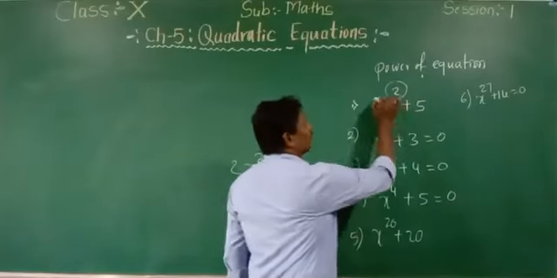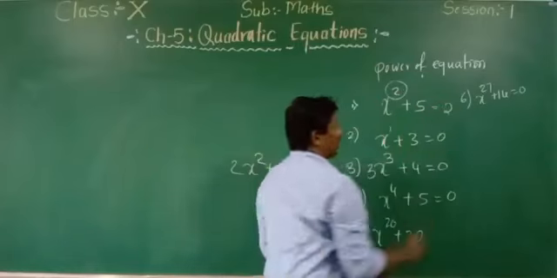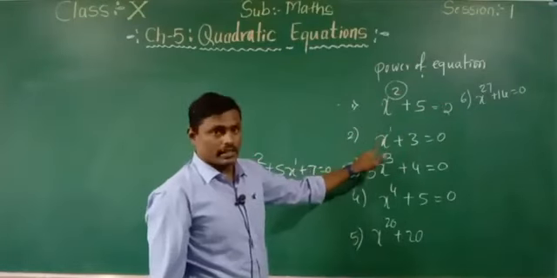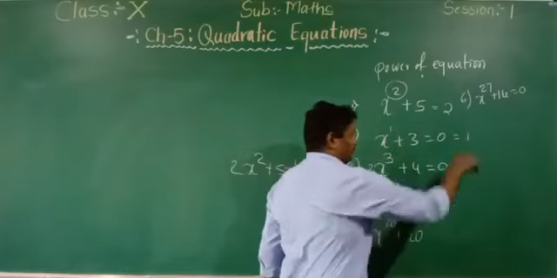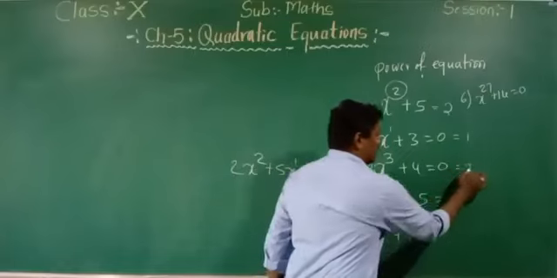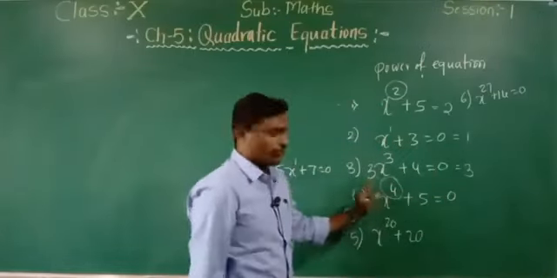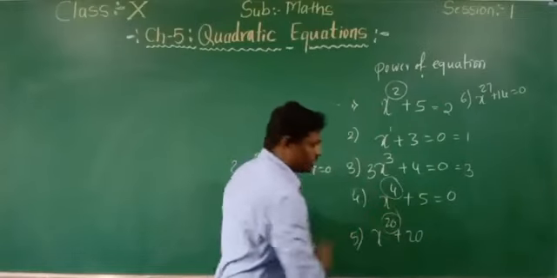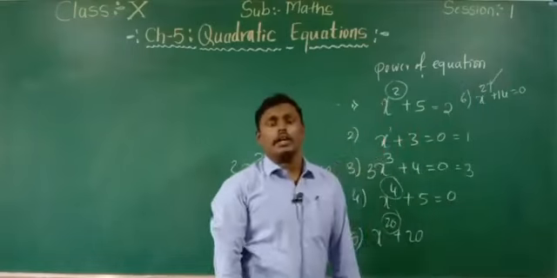Here the power of the equation is 2. In the second example, the power of the equation is 1. In the third one, power of the equation is 3. Next one, power of the equation is 4. Power of the equation is 20, and here the power of the equation is 27.